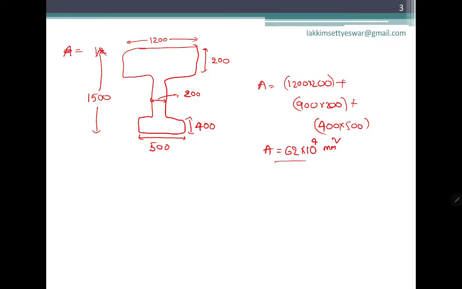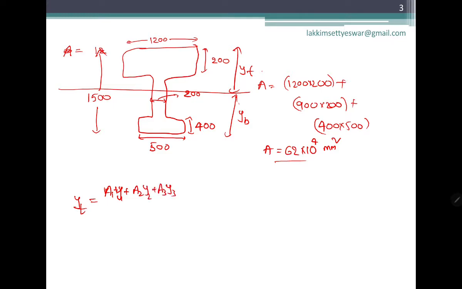Now we need to calculate the centroidal distances y bottom and y top. The formula is yt equals a1 y1 plus a2 y2 plus a3 y3 divided by a1 plus a2 plus a3.